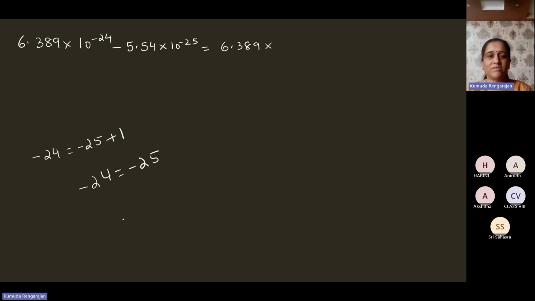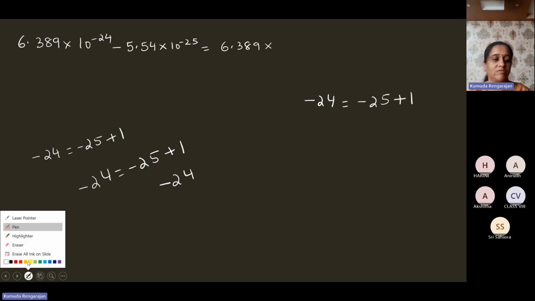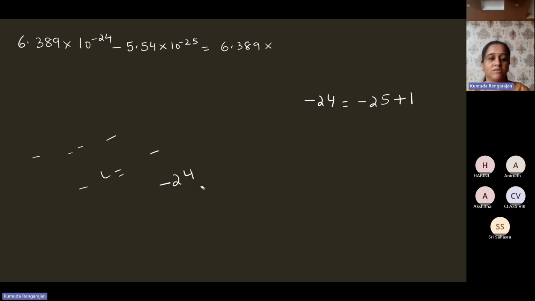You can use a plus or a minus sign, but here it is only plus 1. Minus 25 plus 1 is minus 24: different signs, subtract, 24, and put the sign of the greater number, minus.